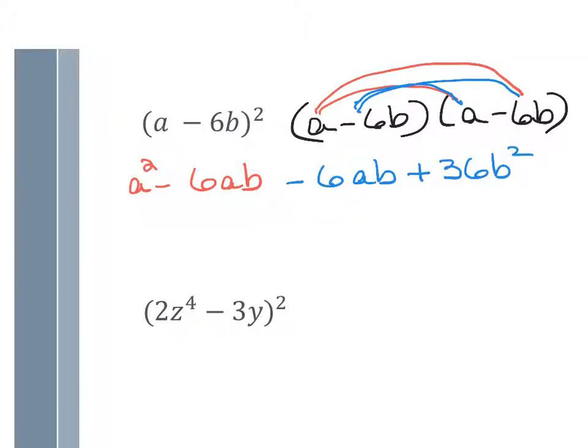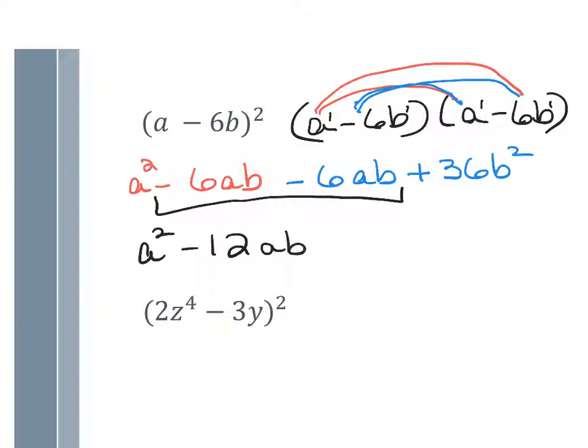Again, remember all of these variables that were here had exponents of 1 that you could assume. Now, when it's a binomial squared, you do get a middle term. So we would do A squared, add those 2 middle terms, negative 12ab plus 36b squared.